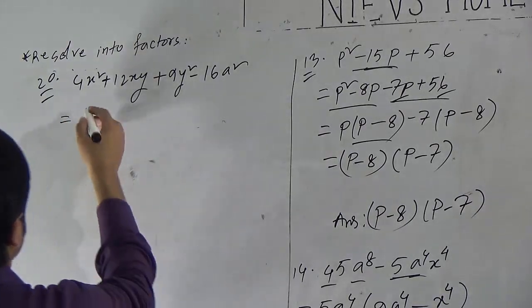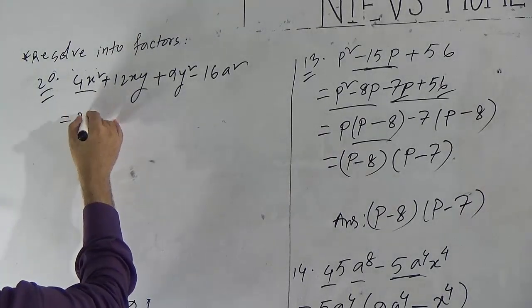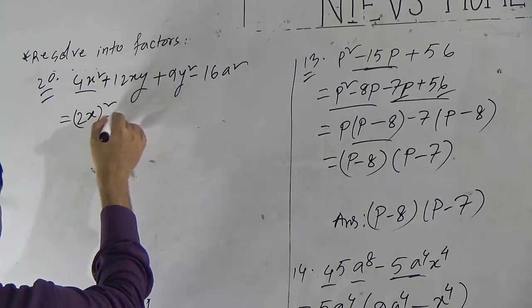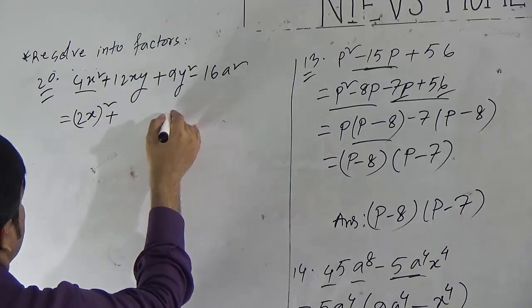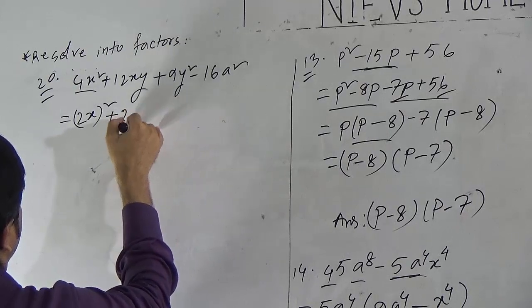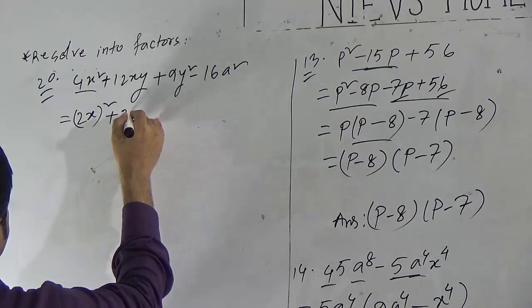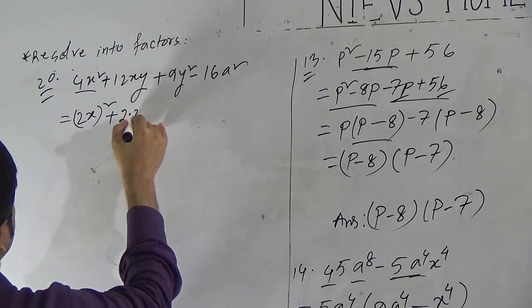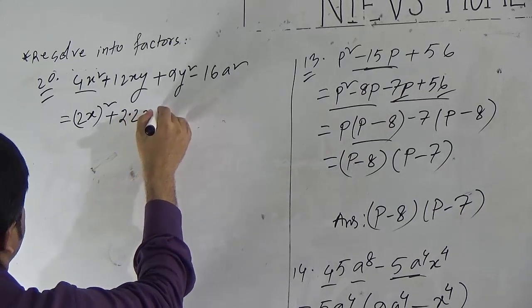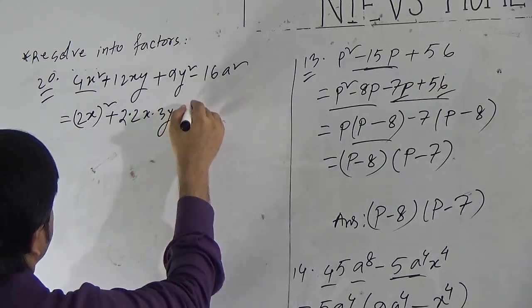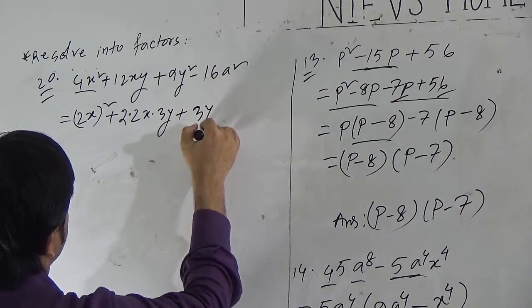Dear students, here we can write the first term as 2x whole square, and here we can apply the formula. If a means 2x, b means 3y, then 9y square means 3y whole square.